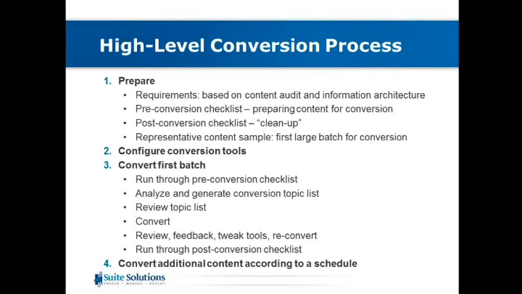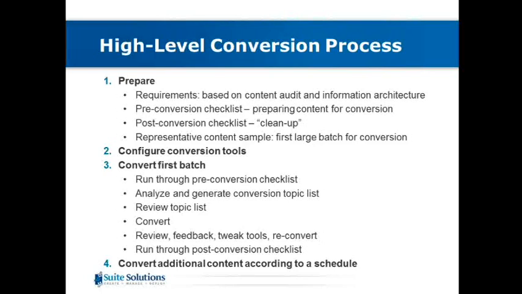After you've prepared your requirements and understand what you should be doing before and after the conversion, the idea is to configure the conversion tools. Now, we've been saying automated conversion, but the truth is it's really semi-automated, meaning there's no way you can get a completely automated conversion from your content, or anyone's content, into DITA.